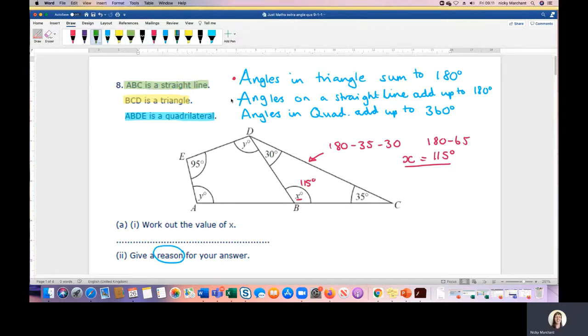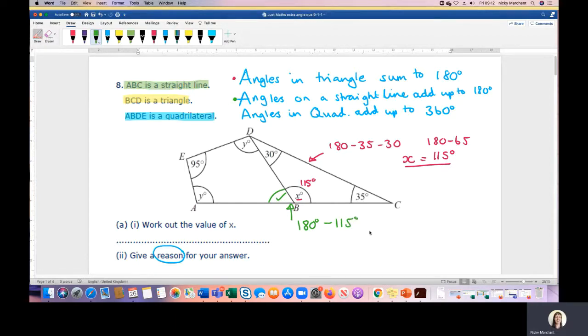Now we're going to use the fact that the angles on a straight line add up to 180. Because we've got a missing angle here now, it's like a little puzzle. These questions are just like a puzzle, but I unpick them bit by bit. So if we can find this angle here, then we can go on to find what y is. On the straight line, 180, take away your x value of 115.